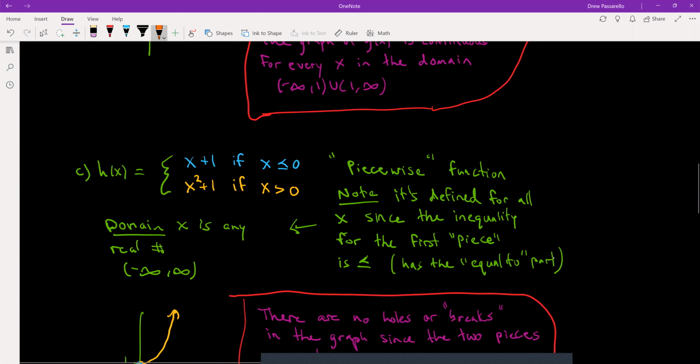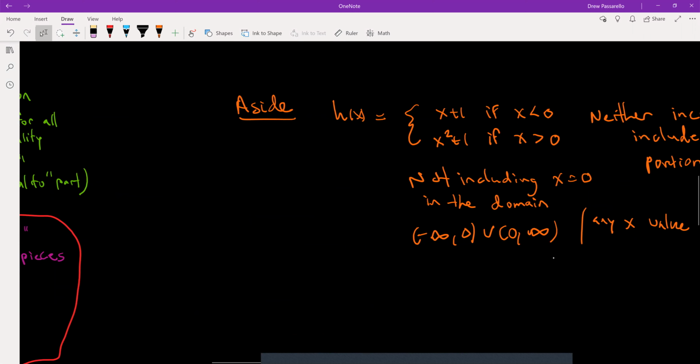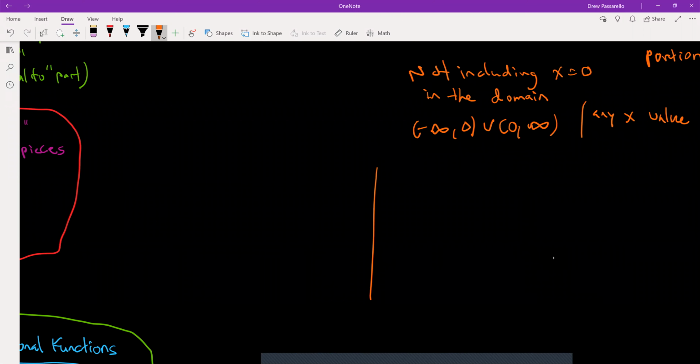It's just at 0, there's going to be an actual hole in the graph. So its graph will look just like how we had it, except there's going to be a hole right here. It's going to have that line portion and then this parabola portion. The only difference is now I have a hole. And that's (0, 1) is the hole. Since I have that hole, in this case, that would be a removable discontinuity.